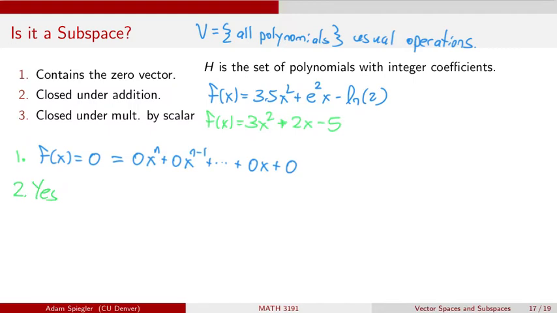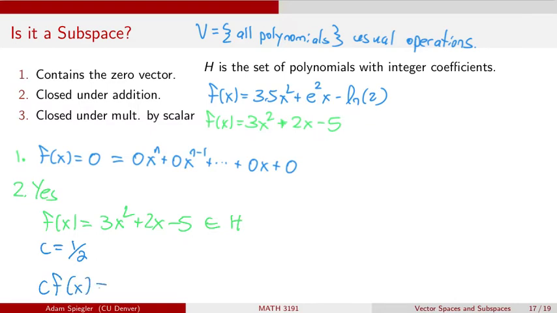What about scalar multiplication? So let's pick a particular function. Let's say f of x is equal to 3x squared, as I have above, plus 2x minus 5. This is inside of H. And I'm going to pick a scalar c, which I'll pick to be 1/2. Now let's see what happens if I take c times f of x.